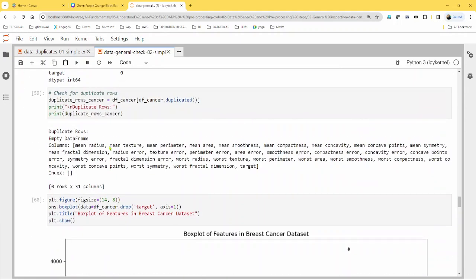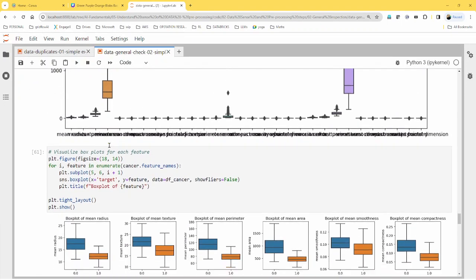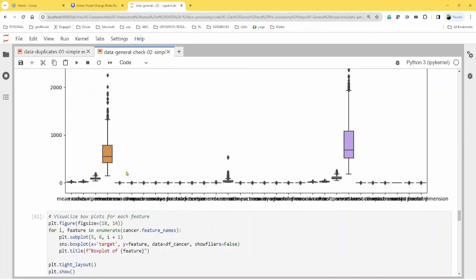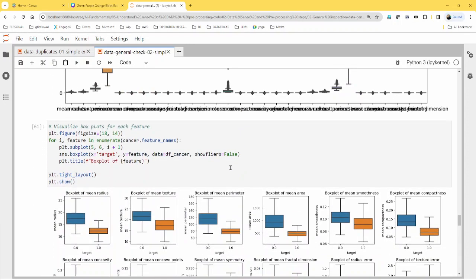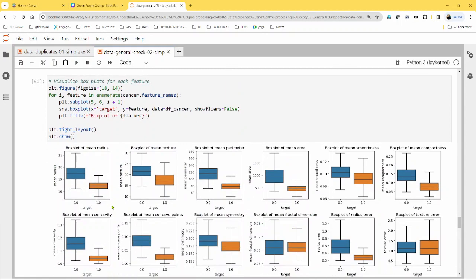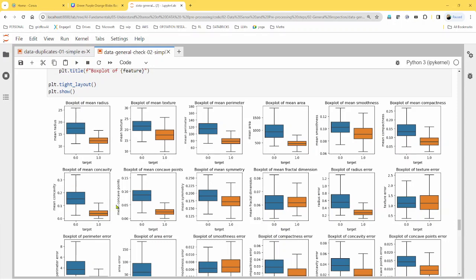And the box plot representation, again, if you do a box plot of all the columns in a single plot, that won't look nice because the values vary quite a lot from each other, and that's why this plot does not give you much information. So what you should do, you can take one column at a time and then analyze the box plot. So let's take a look at least one of them here.